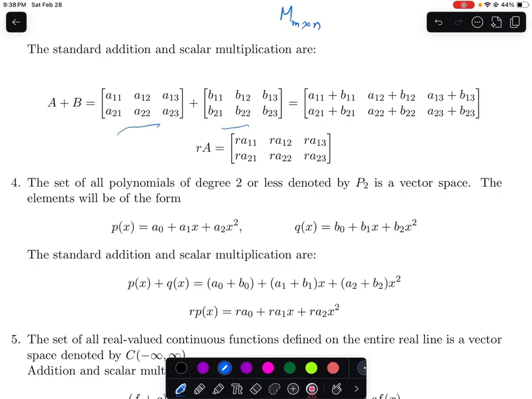Then we add corresponding components, so we say component-wise addition. The first component of the first row and first column gets added to the first component in the first row and first column of the other matrix, and it gets put in the place which is first row, first column, and so on. And when a scalar, a real number r, is multiplied by a matrix, the whole matrix gets multiplied by that scalar.